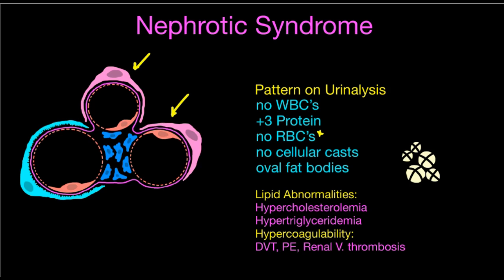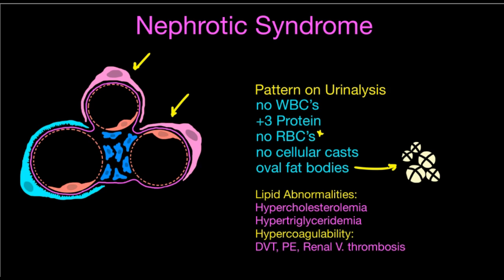There's typically no cellular casts, and if there's a lot of lipiduria, so a lot of lipid in the urine, you could see oval fat bodies, which are sort of tubular epithelial cells that have taken up a lot of lipid, and under polarized light in the urine, you would actually see this sort of Maltese cross appearance. The lipid sort of has this appearance under polarized light, and that's one way you can detect this on urinalysis.